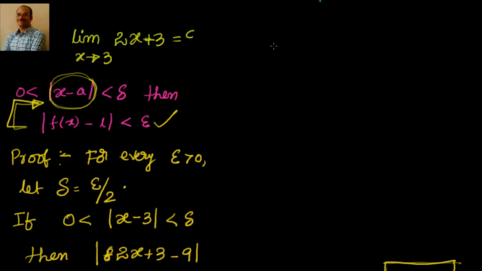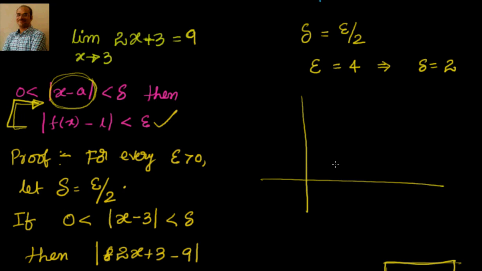Let us say the relation we have to take is delta equal to epsilon by 2, and we are talking about 2x plus 3 as x tends to 3. Let us say epsilon equal to 4. If epsilon equals 4, delta will be equal to 2. So on the x-axis, the value here is 3, and the value here is 9. x is 3.